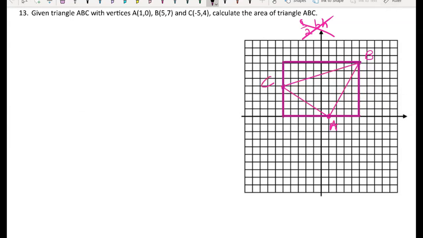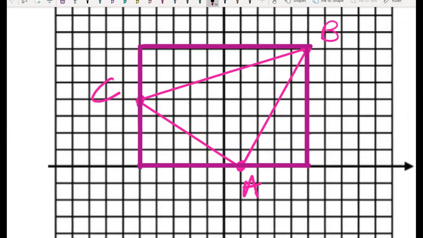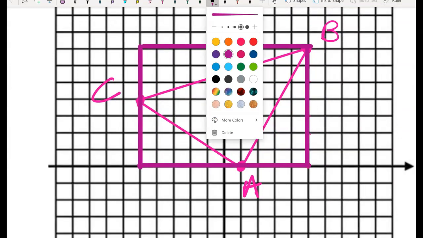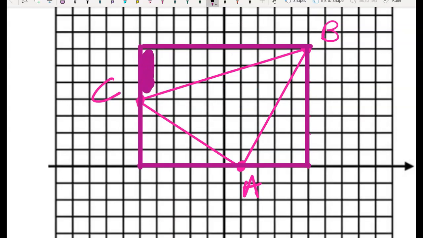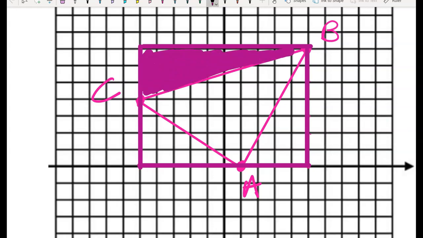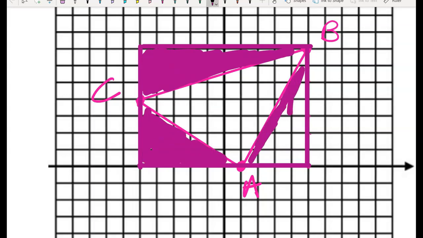And notice I've created 3 right triangles around this figure. There's this one up top that I'll shade in to the best of my abilities. It's not going to be perfect, but you'll get the idea. There's this one on the left-hand side, and there's this one on the right as well.